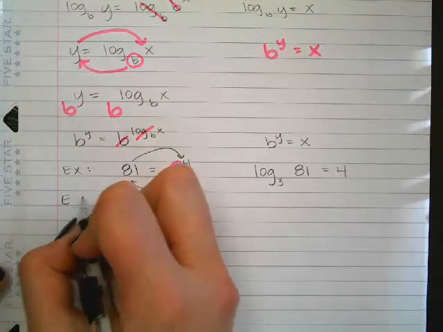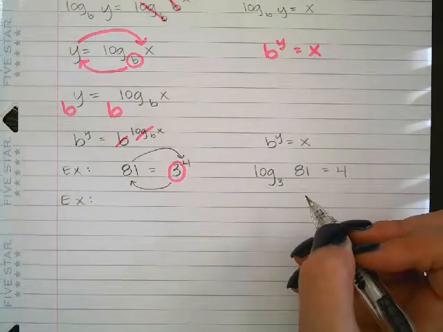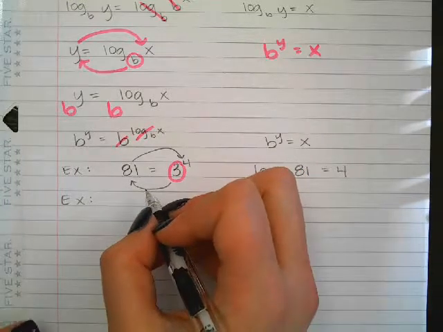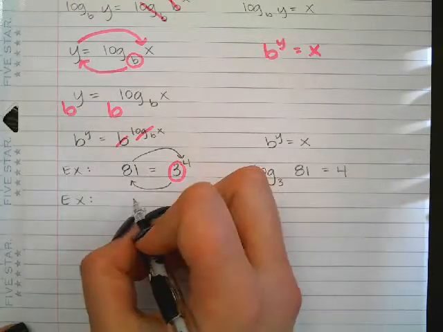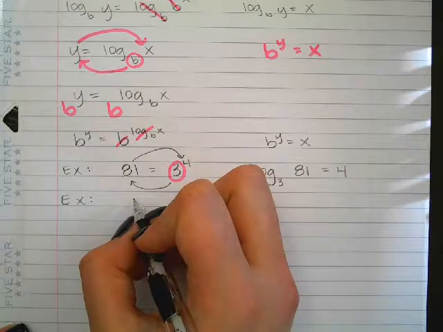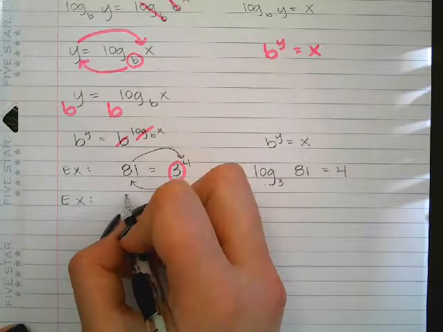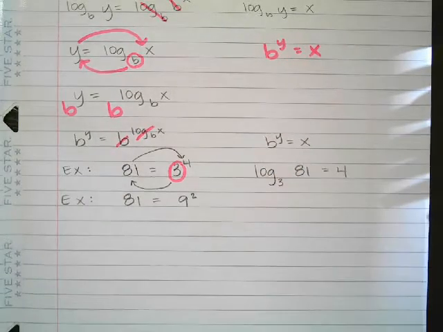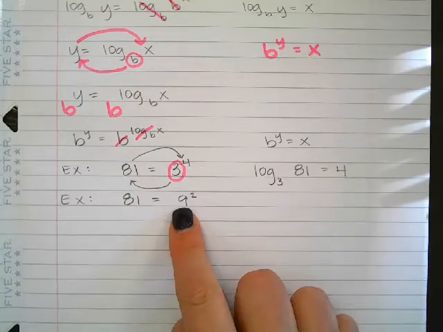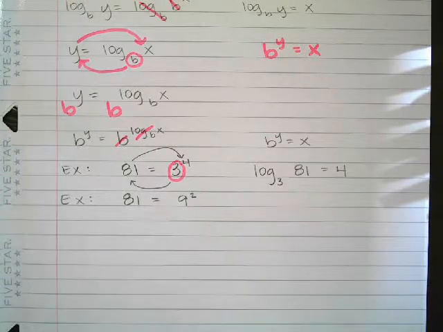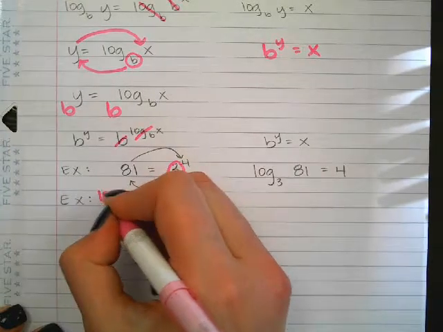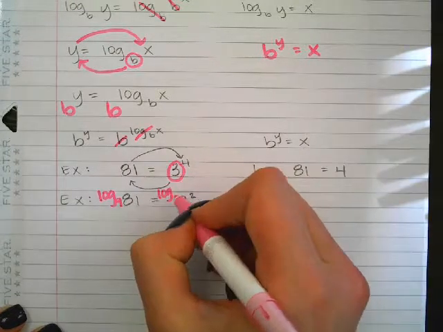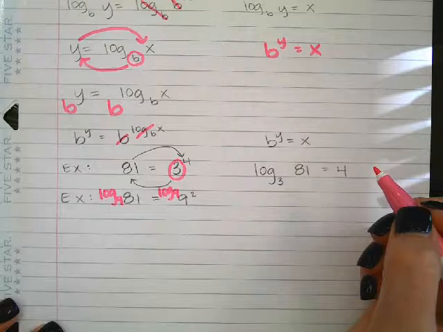If we want to do a similar problem, but we want to use the inverse method instead, I could say, let me think of something. It's hard to think on the fly. I could say 81 equals 9 to the second power. And I could say, all right, I want to get rid of a base of 9. And so I have to log base 9 the left side and log base 9 the right side.